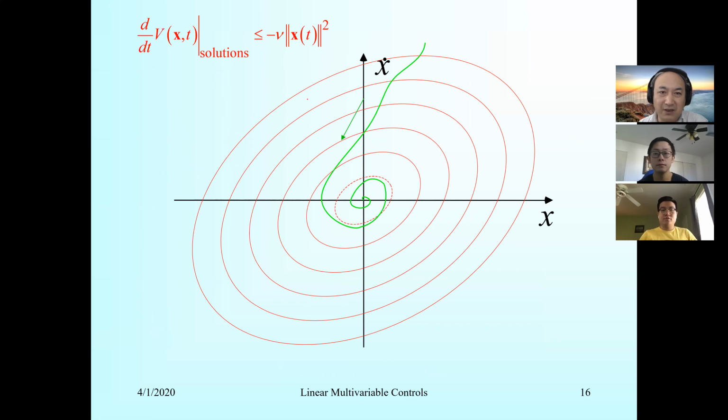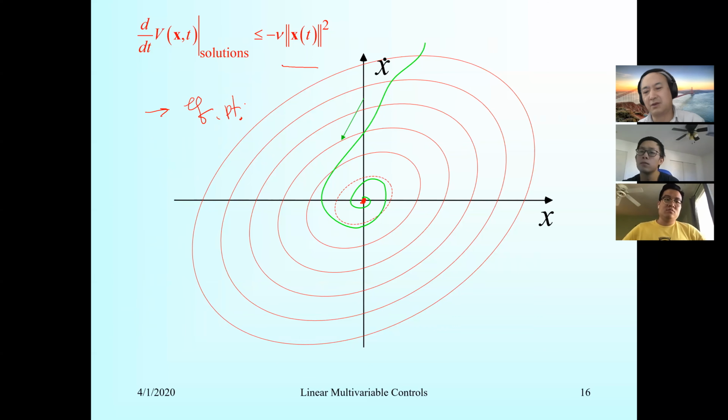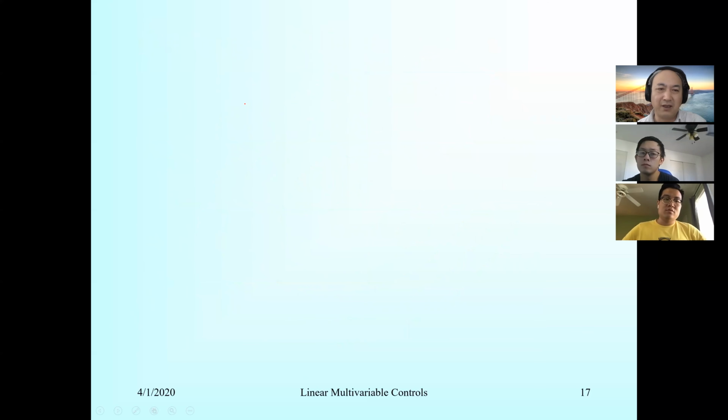Because of the bound, when x goes to 0, it will also go to 0. So it will go to the origin. Of course, we assume the origin is the equilibrium point. So it will go to the equilibrium point. That's what we have.